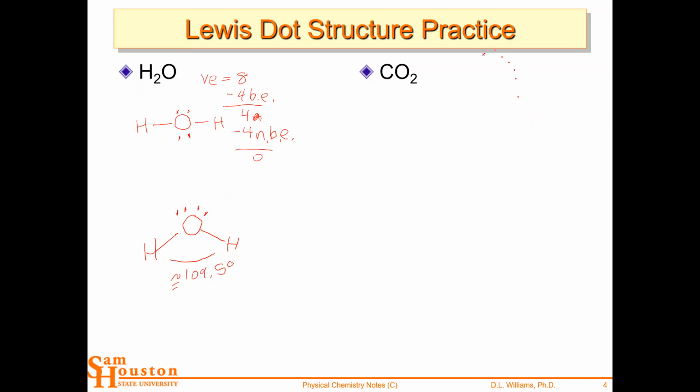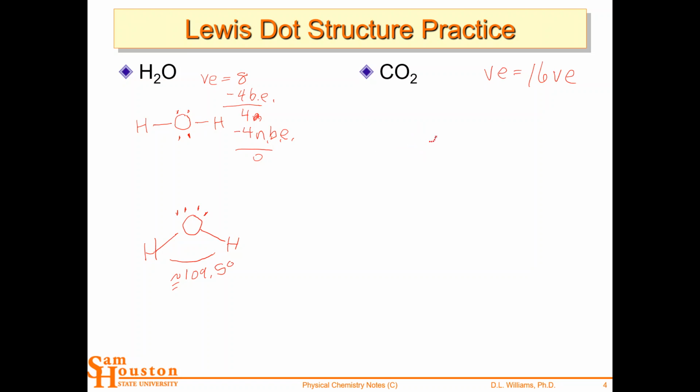Let's do CO2 now. Okay, so we have 6 for each of the oxygens, so that's 12, and then another 4, 13, 14, 15, 16 electrons. 16 valence electrons.